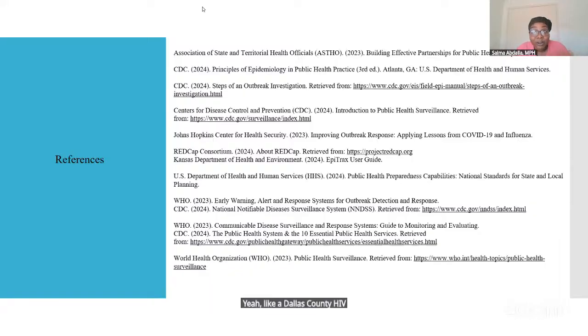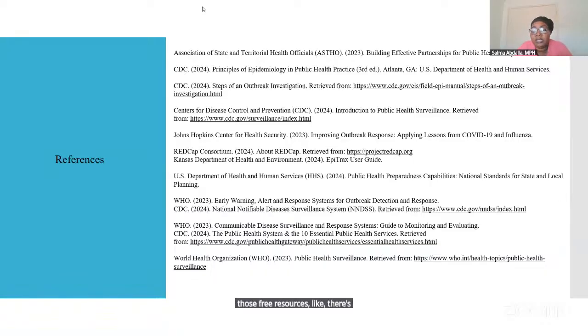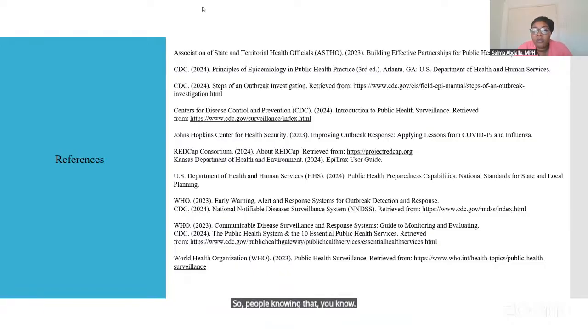So they do a lot of work, and Ryan White too, they do a lot of work. So it's amazing work, but we have to do more, so that we can streamline the process of people getting tested and getting to those free resources. There are free resources for people to get tested for free. So people knowing that is going to reach more of the population.